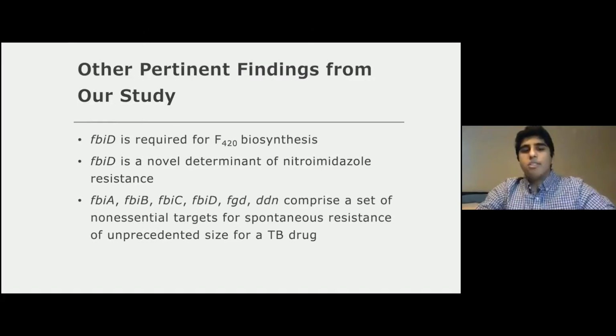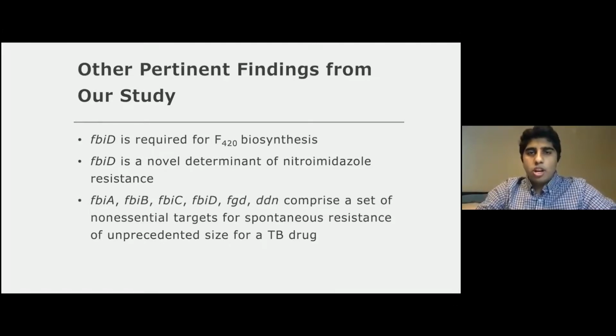So again, together, those 6 genes we can safely say comprise a set of non-essential targets for spontaneous resistance of unprecedented size for a tuberculosis drug. In our study, I think we had about 150 different mutations in all 6 of these genes, and I think 70% of those mutations weren't doubled or tripled, which means that they were all unique.